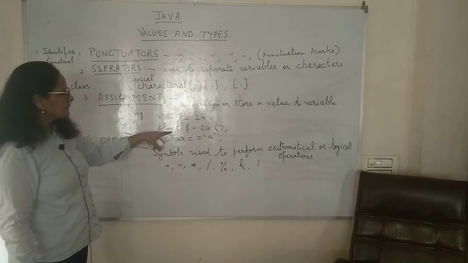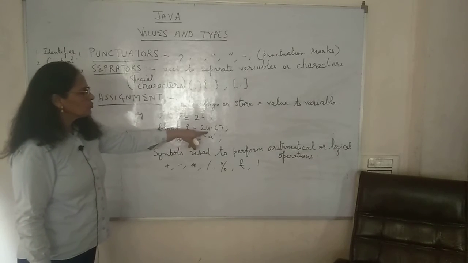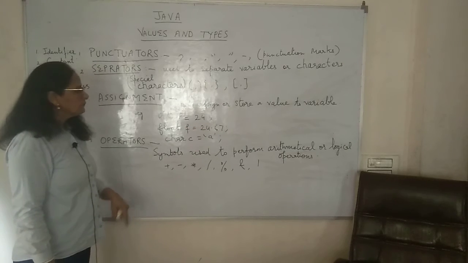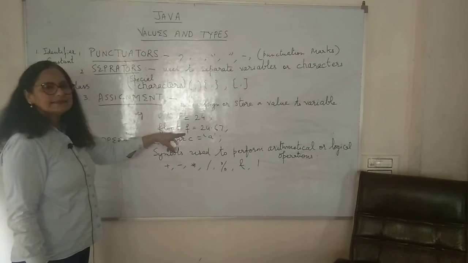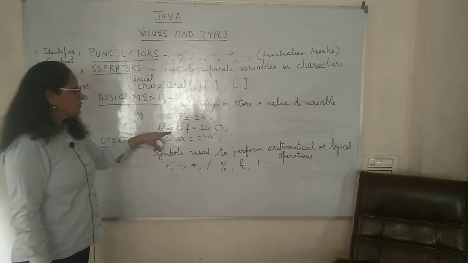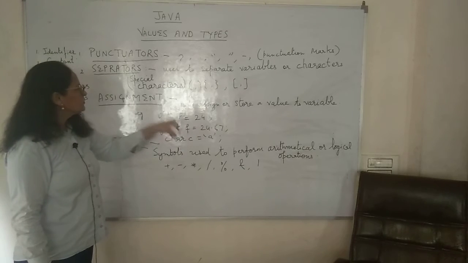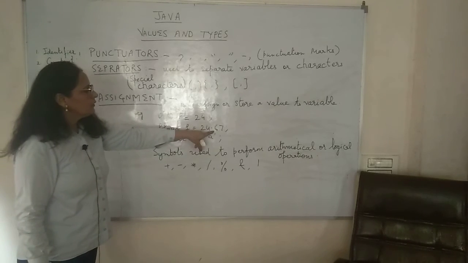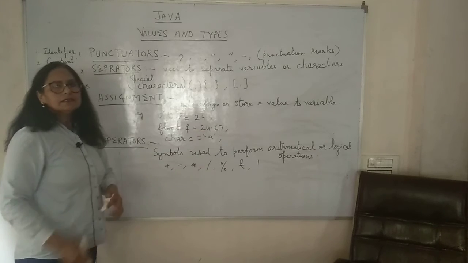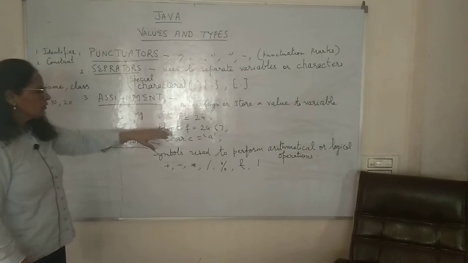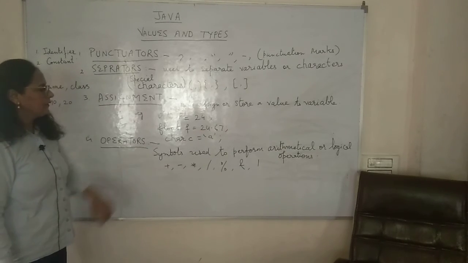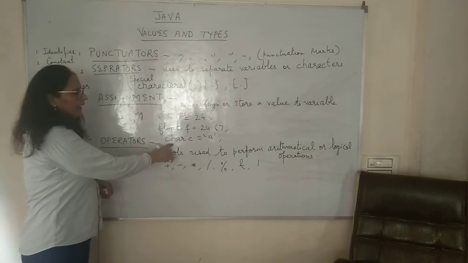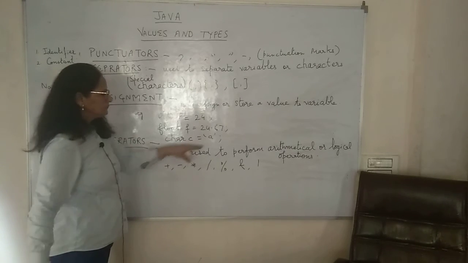Similarly, next example is float f is equal to 24.67, and here f is the variable, float is the data type, is equal to is the assignment token, and 24.67 is the value or the constant stored in f variable. Third example of the assignment is char c is equal to 'a'.